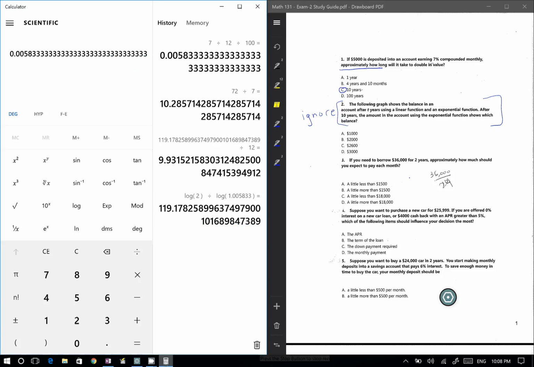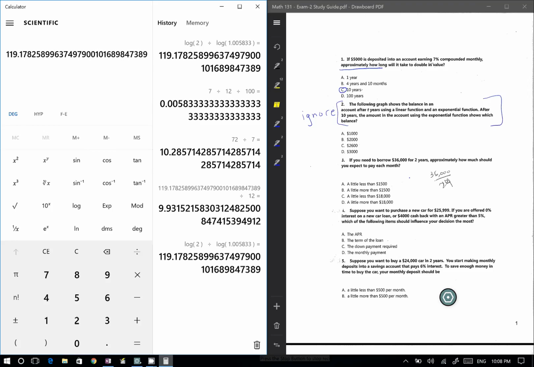So I go to my calculator. I clear everything. Log 2 divided by log 1.005833.